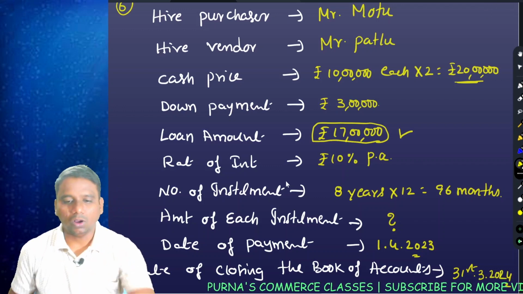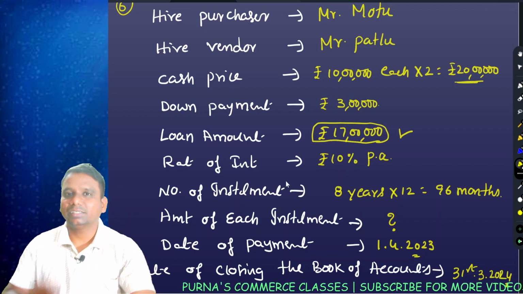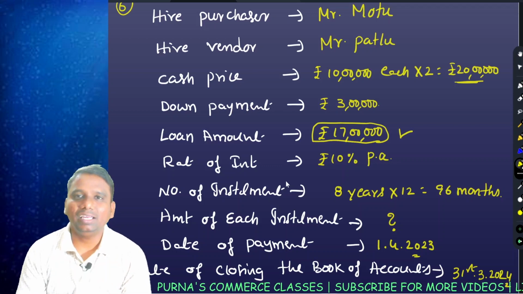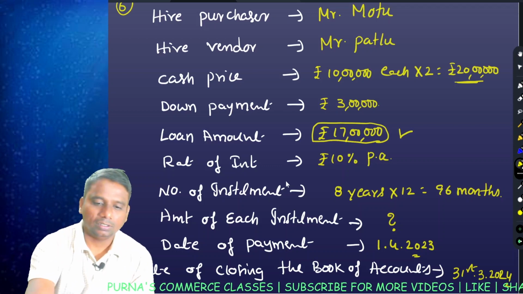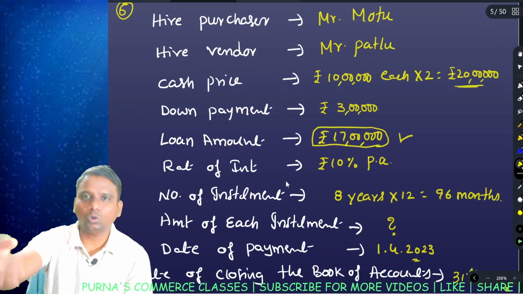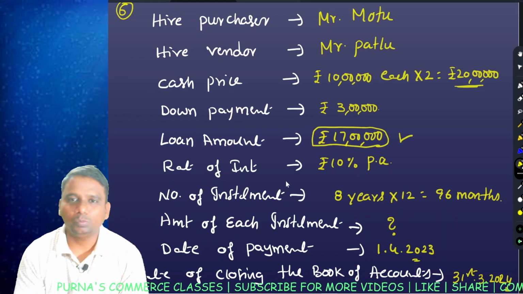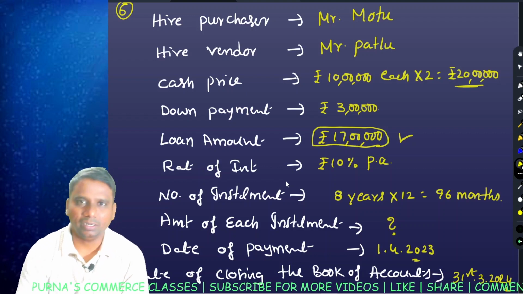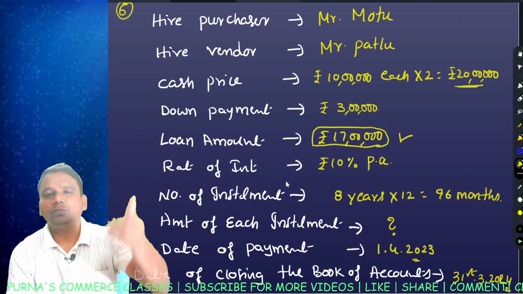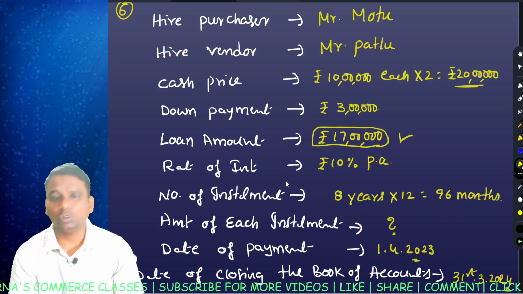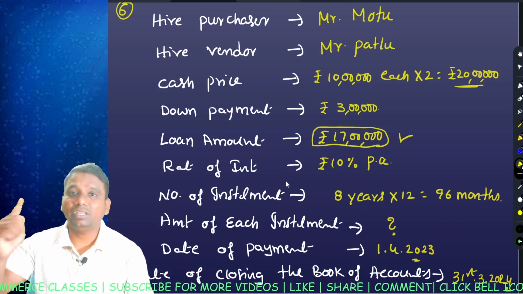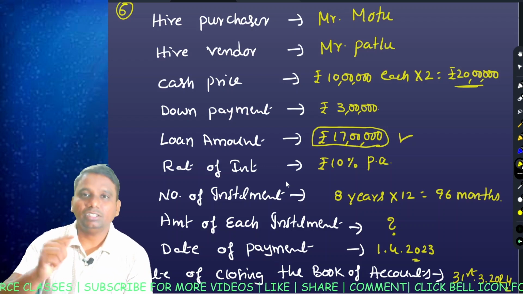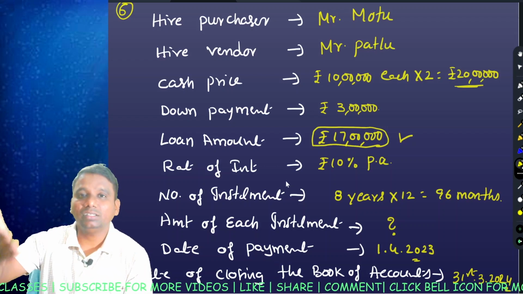If you observe, all these details are practically available at your fingertips. Why? Because the cash price is already mentioned in the quotation. Down payment, you know, you are making the payment, and the loan also. If you observe the loan sanction letter, supporting documents, at the same time they will issue a loan repayment schedule.